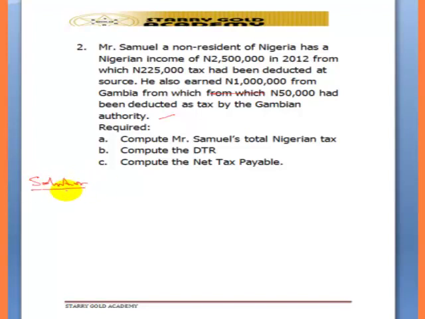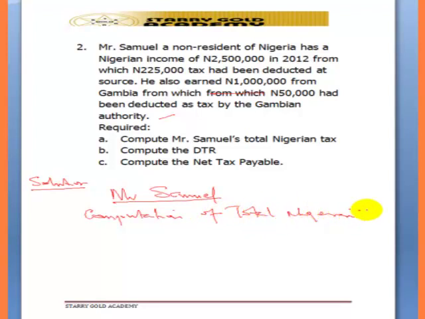Solution. Mr. Samuel. Computation of total Nigerian tax for 2012 tax year.